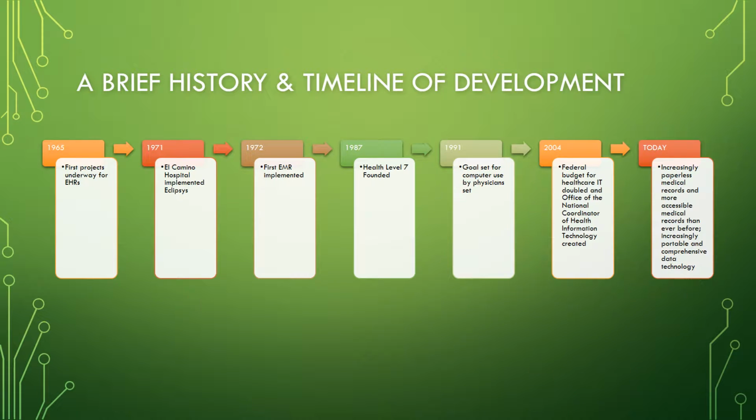A brief history and timeline of development. Electronic health records first appeared in the 1960s. Approximately 73 hospitals and clinical information projects and 28 projects for storage and retrieval were underway by 1965.